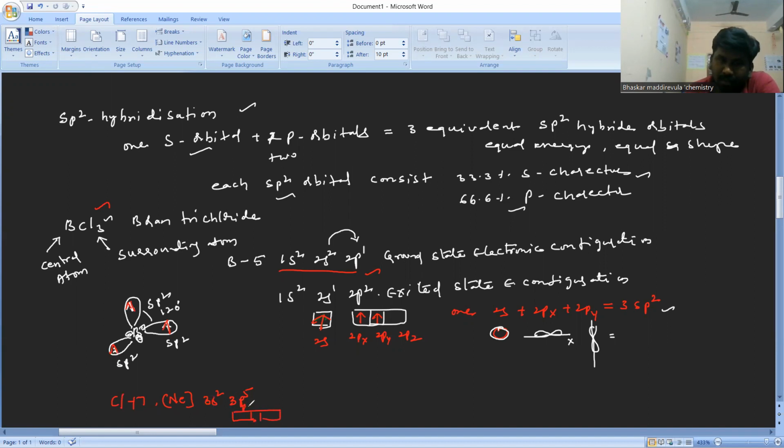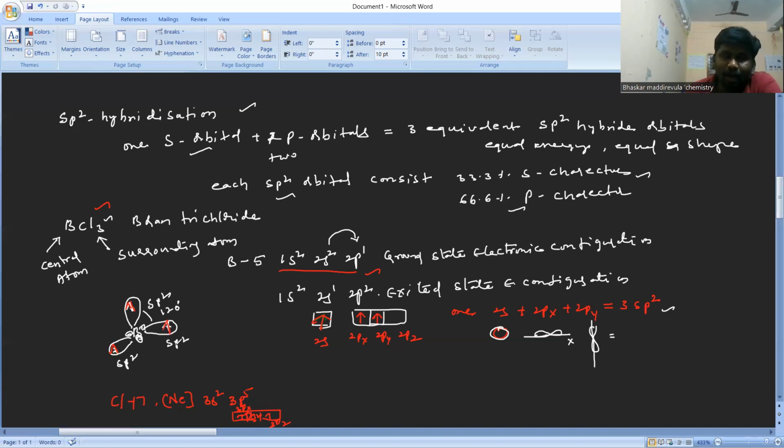In the 3px and 3py there are two pairs of electrons, and in the 3pz there is one half electron. So it needs one more electron. That's why chlorine, for getting one more electron, makes a bond with the boron.